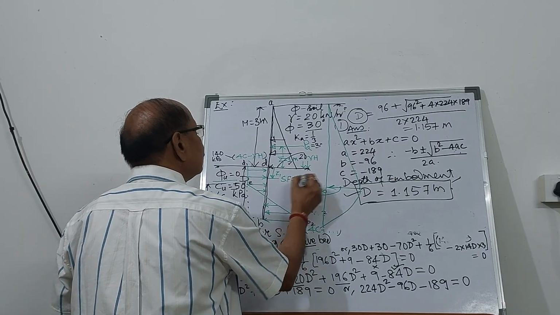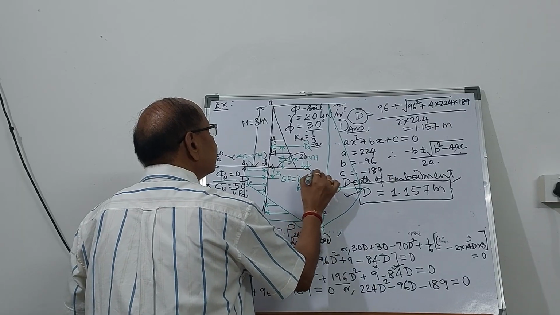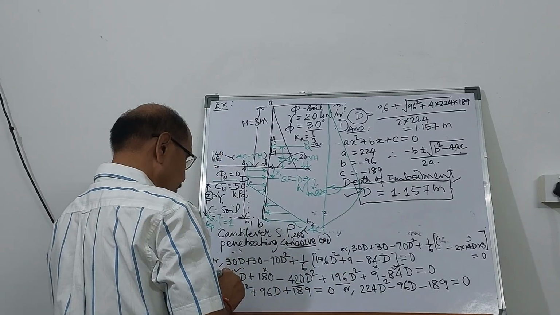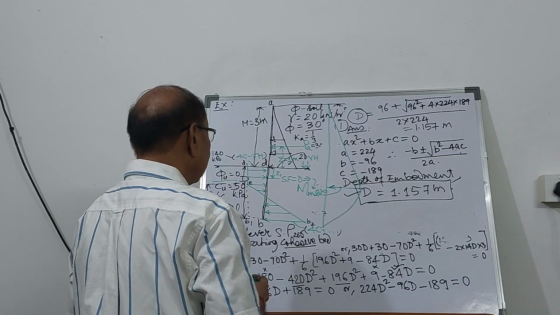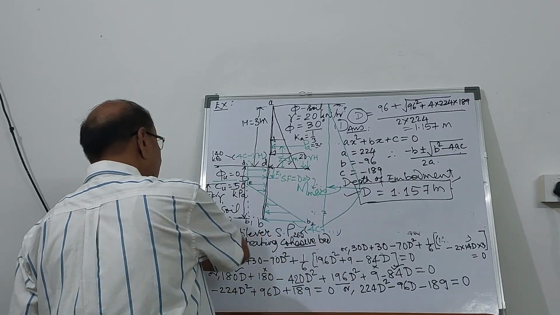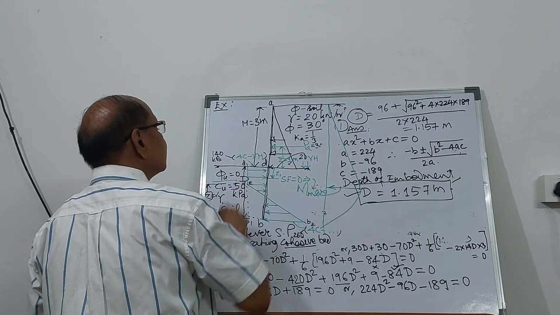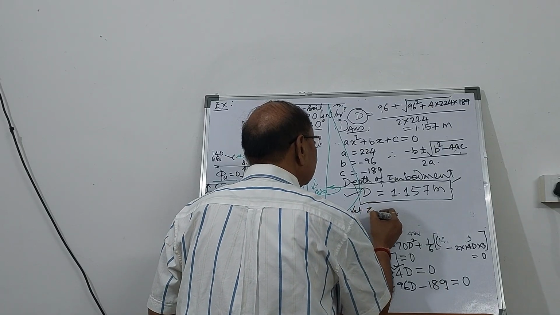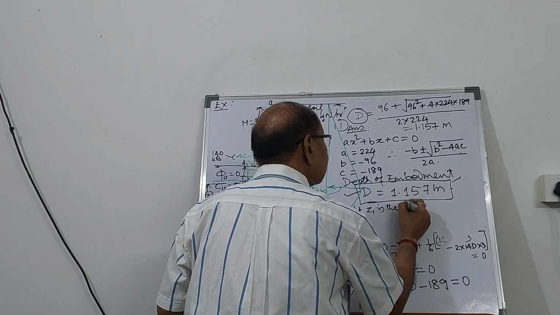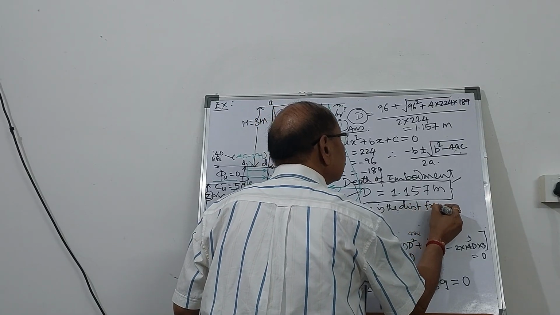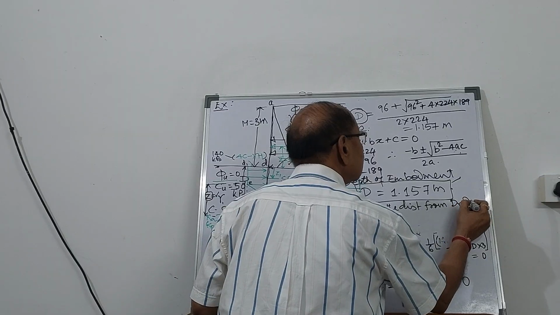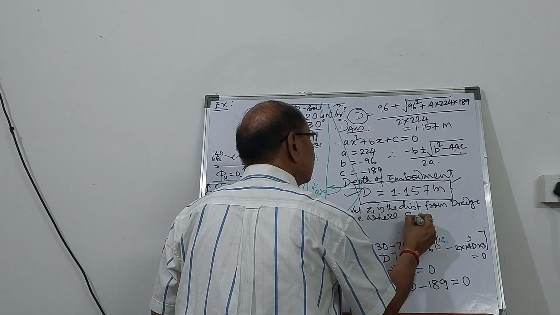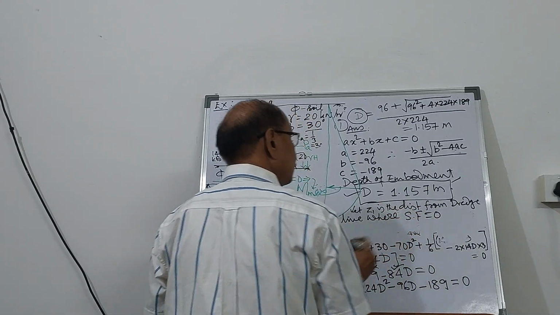So wherever the shear force is 0, that implies that the moment will be M max. So we say that shear force is 0 within this. So that distance is Z1. So let Z1 be the distance from dredge line where shear force becomes 0.